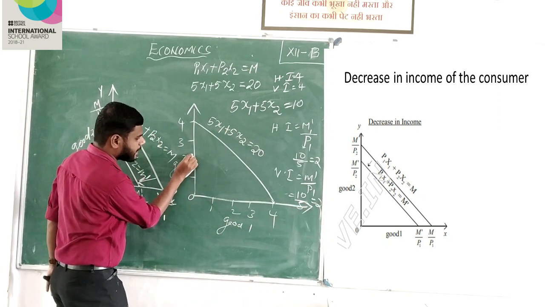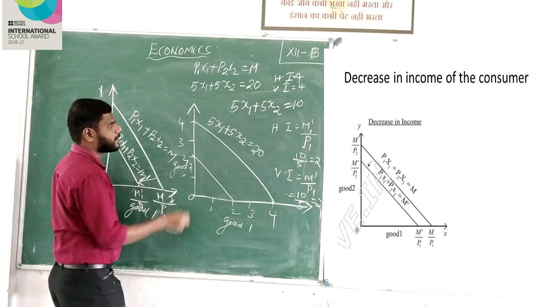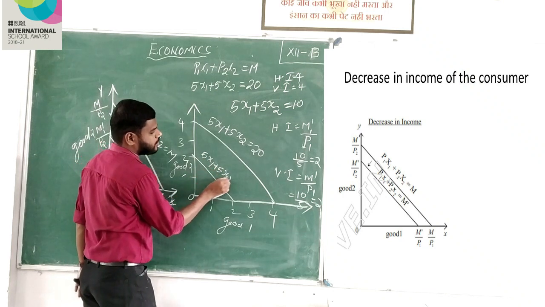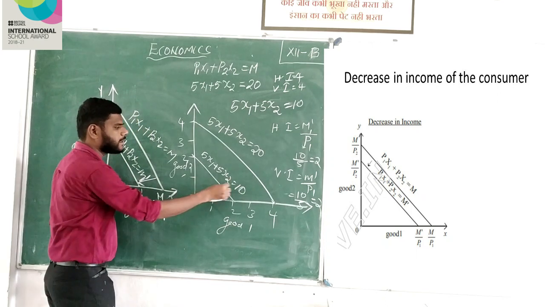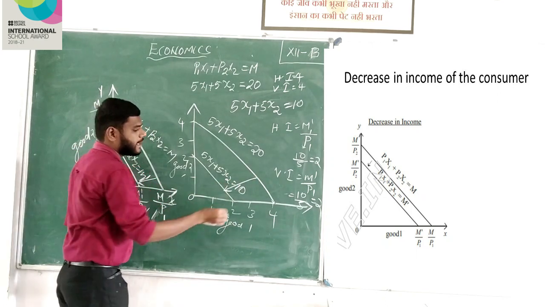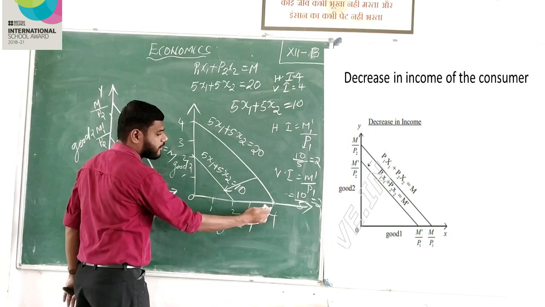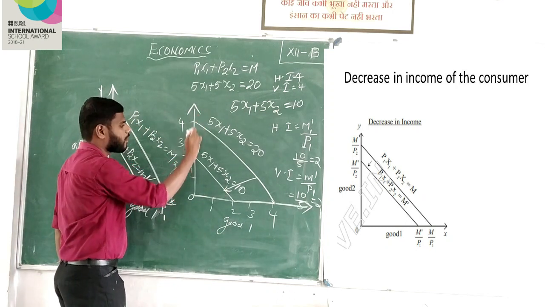This is the new budget line, 5x1 plus 5x2 is equal to 10. So what is happening here? The budget line shifted leftward, and the horizontal intercept changed from 4 to 2 and the vertical intercept also changed from 4 to 2.